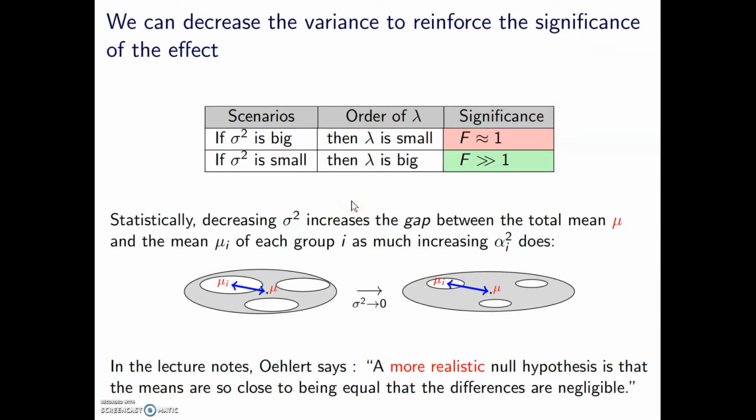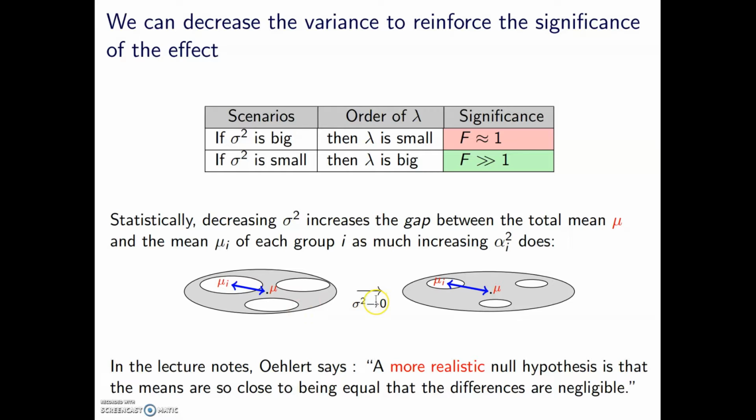And here we can see that making the value of sigma squared smaller will make the value of F larger than 1, meaning that we create a scenario in which we can reject the null hypothesis. It's important to note that this relationship between F and sigma squared does not contradict the meaning that we attributed to the value of F in relation to the value of alpha sub i.